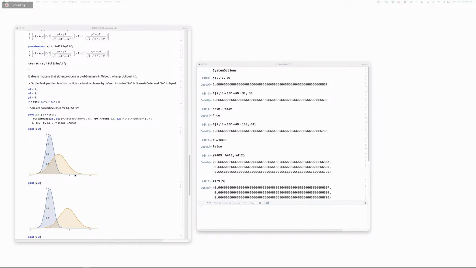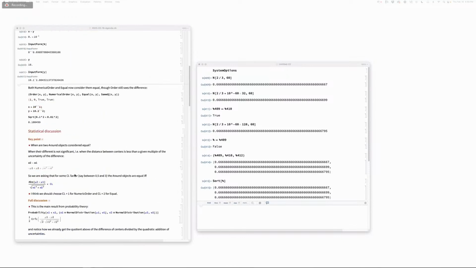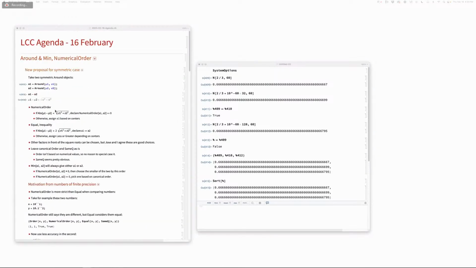I think it's reasonable, if I'm not being confused somehow, to use a criterion like this in the case where there is no hard border. Now the question is, what is the constant in front of that square root? That's the question.